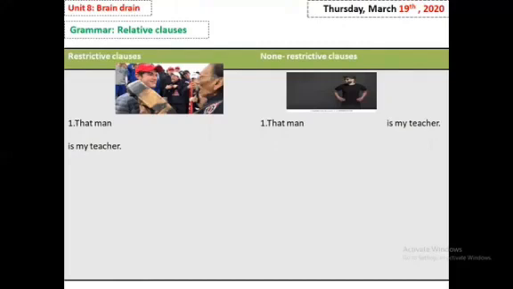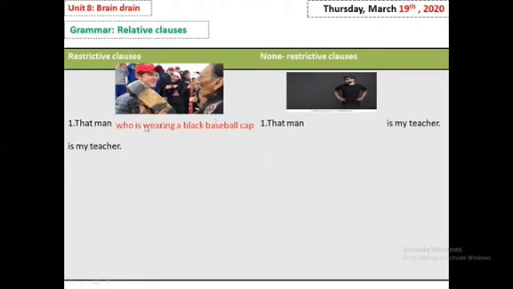You need to specify, you need to restrict, to identify which one. Then you are going to say, "That man who is wearing a black baseball cap is my teacher." Where is he? This one. So everybody knows that you are talking about this person.